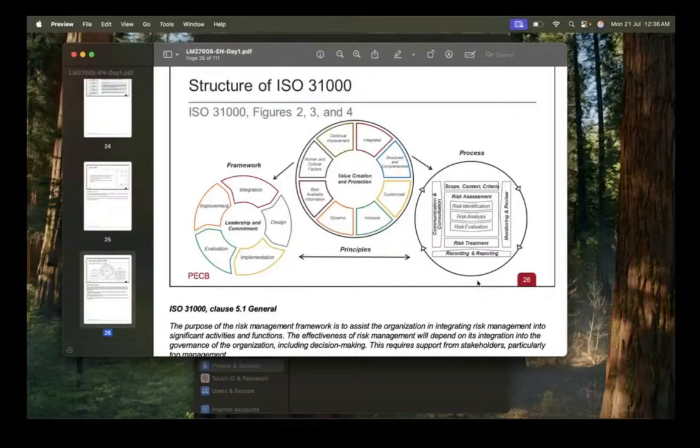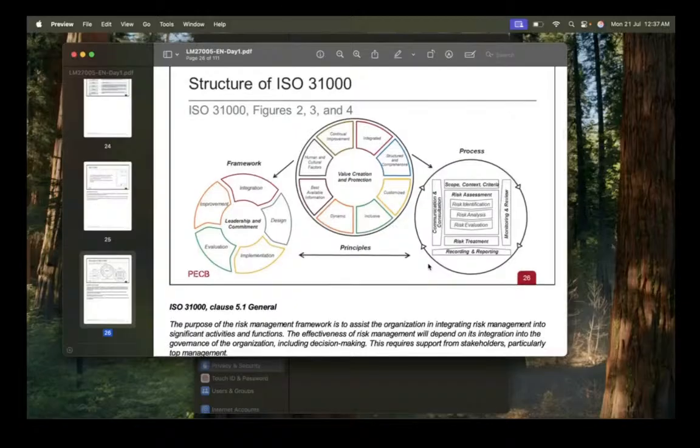After that, we analyze whatever data or information we collect. After analyzing, the evaluation happens. And once we have the evaluation, we can do the risk treatment, which is basically called risk management.